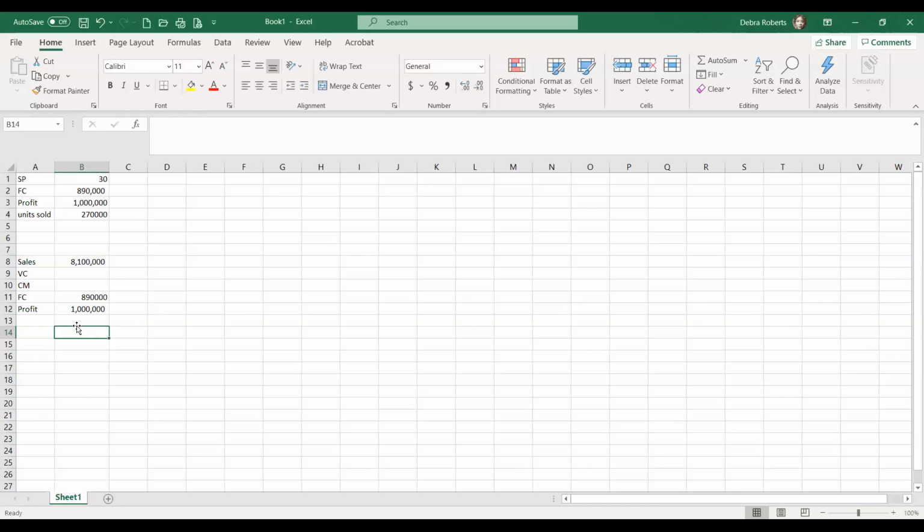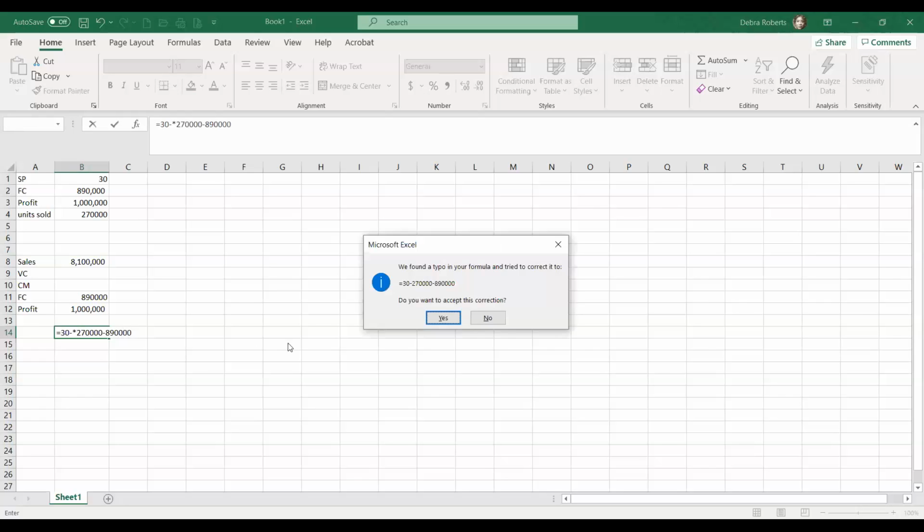I'm going to do it an easier way. $30 per unit minus our variable cost, which we don't know what it is, and multiply it times 270,000 minus 890,000.